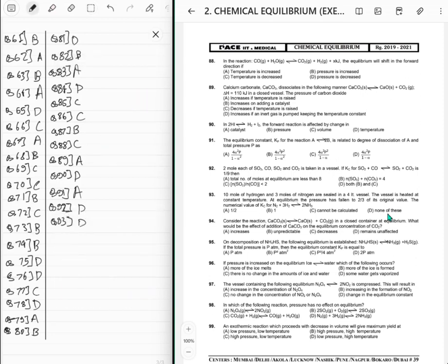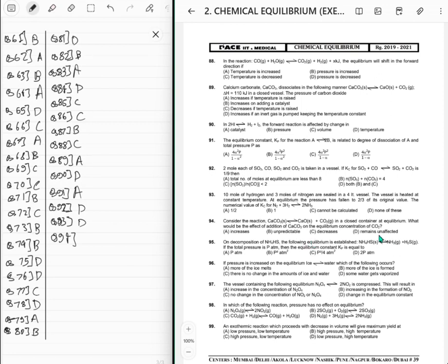Okay, question number 94. Consider the reaction in a closed container at equilibrium. What would be the effect of addition of CaCO3 on the equilibrium concentration of CO2? So yeah, no effect. I mean, its activity is constant. It remains unaffected. 94D.